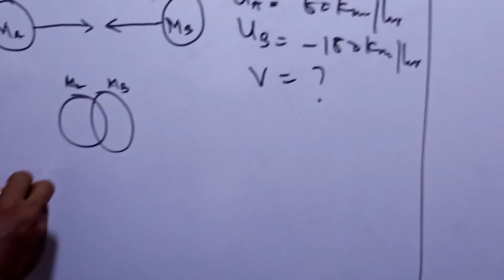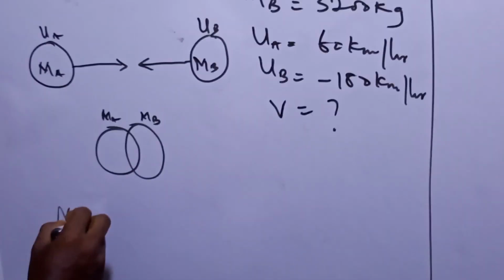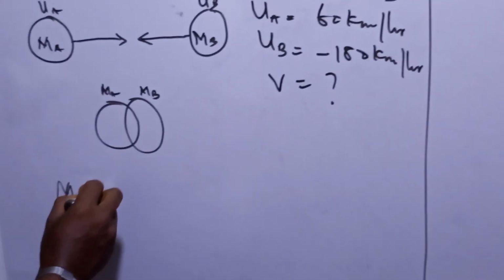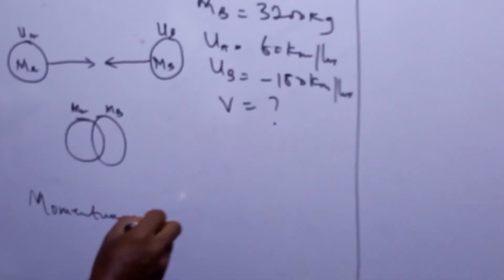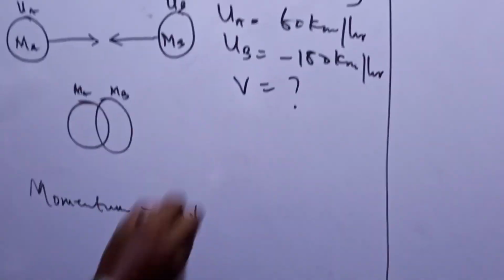We have that momentum is equal to the product of mass and velocity.